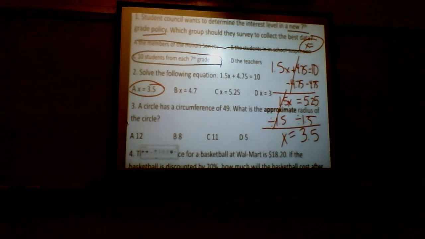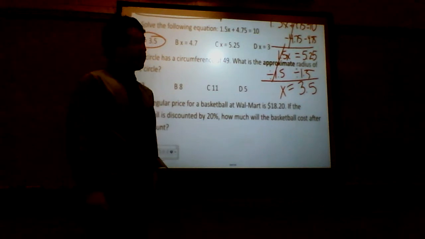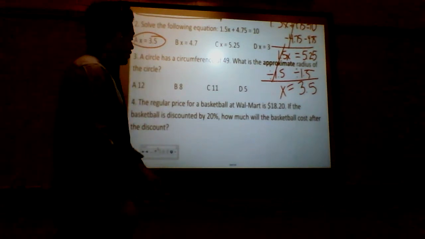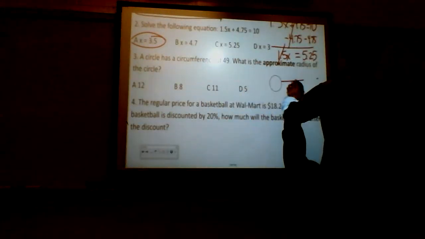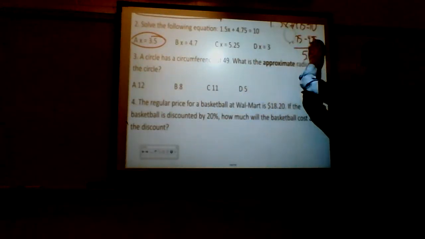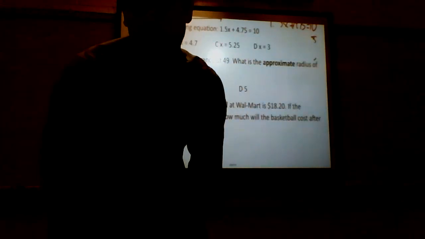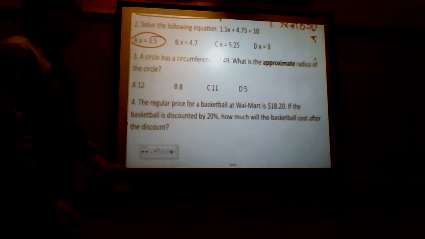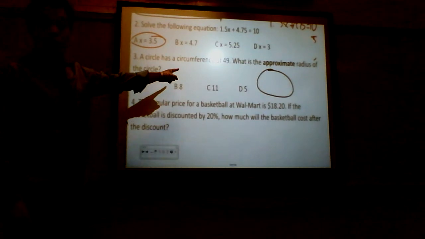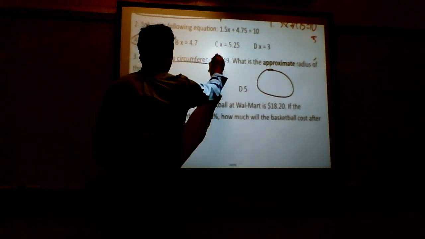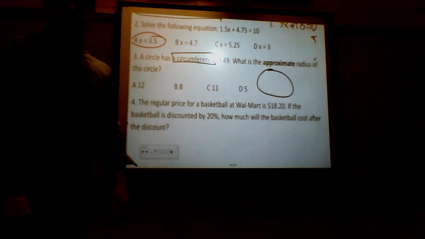Number 3. Ooh, a circle problem. My favorite. It says, a circle has a circumference of 49. What is the approximate radius of the circle? Okay. First thing that we should do, since we know this is a circle problem, is draw a circle. There's my circle. We also know we're looking at circumference. So before I do anything else, I'm going to write the formula for circumference.